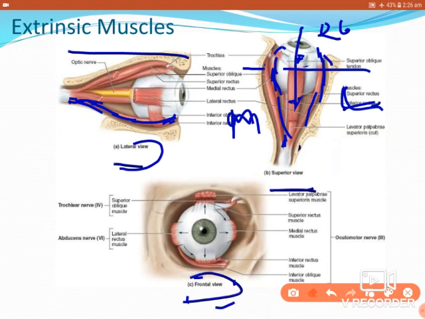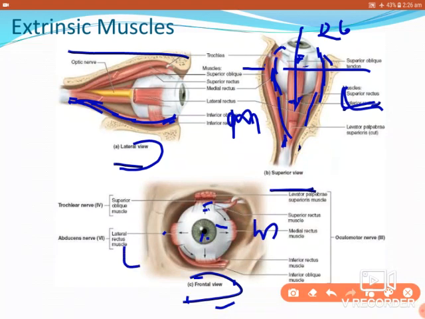So this is the pupil, this is the iris, cornea, this is the sclera, with the attachments over the sclera, the insertions. The superior rectus lies some 8 millimeters behind the sclerocorneal junction. This is the medial aspect, this is the lateral.